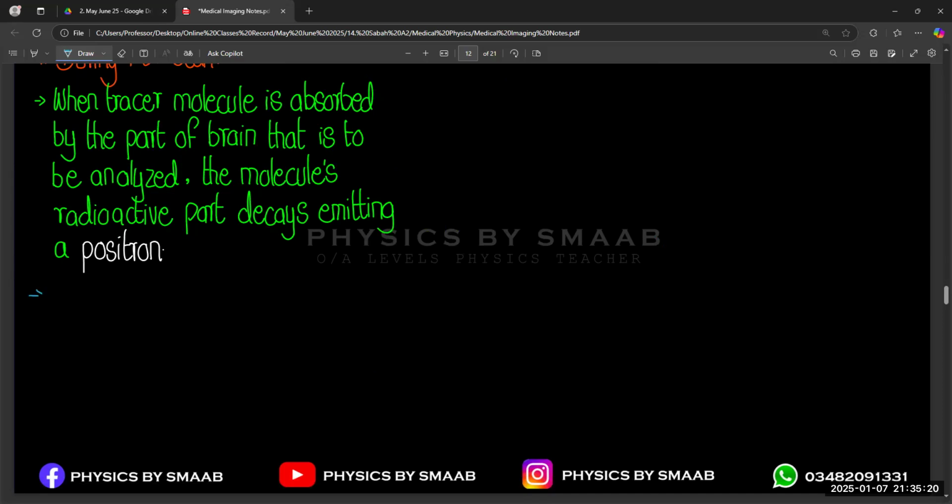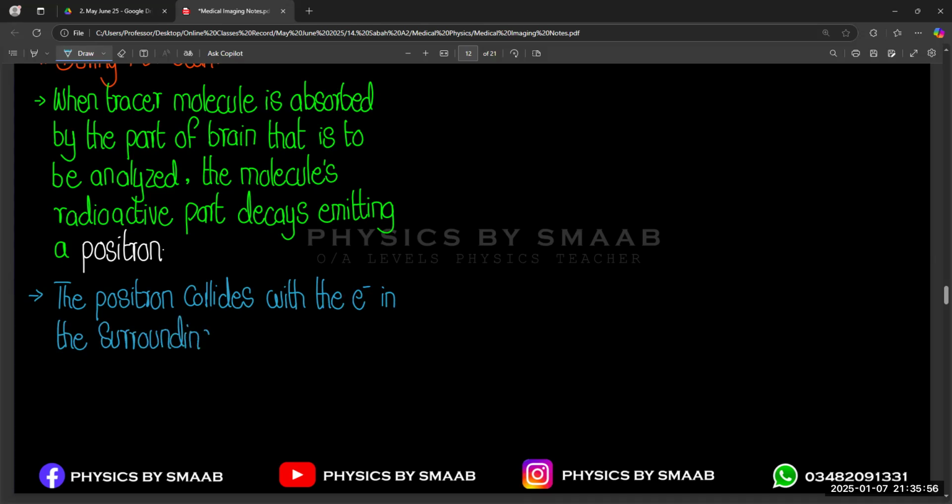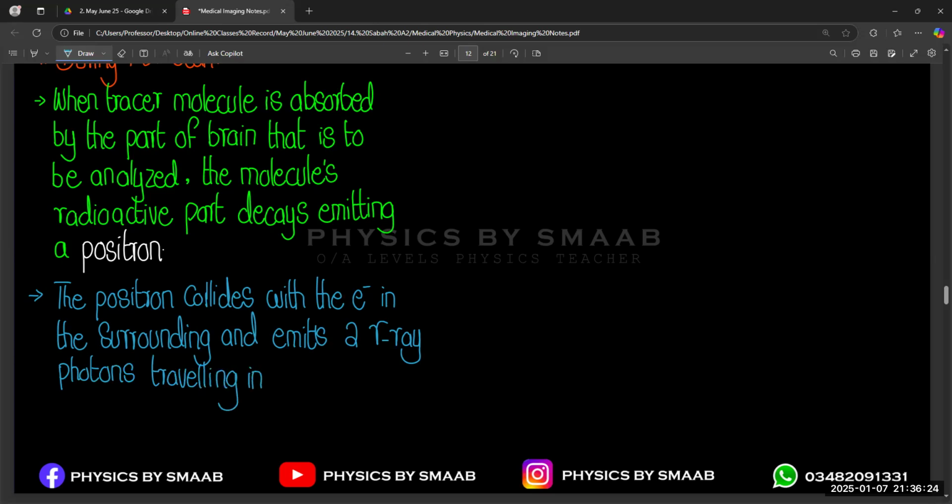So the second process is the positron collides with an electron in the surrounding, and emits two gamma ray photons traveling in opposite directions.